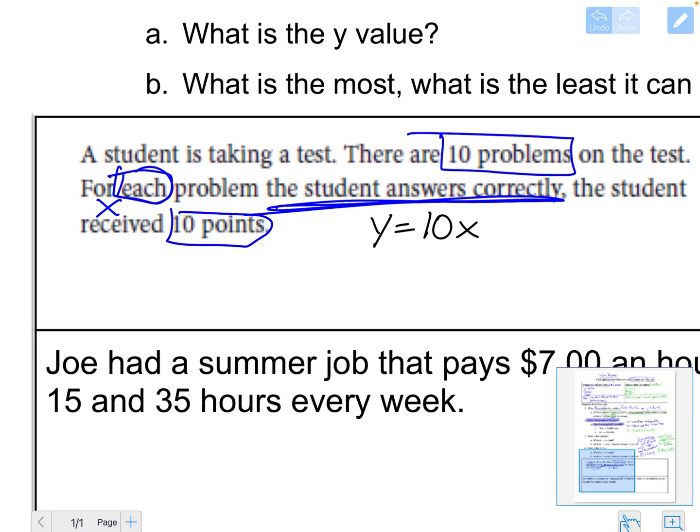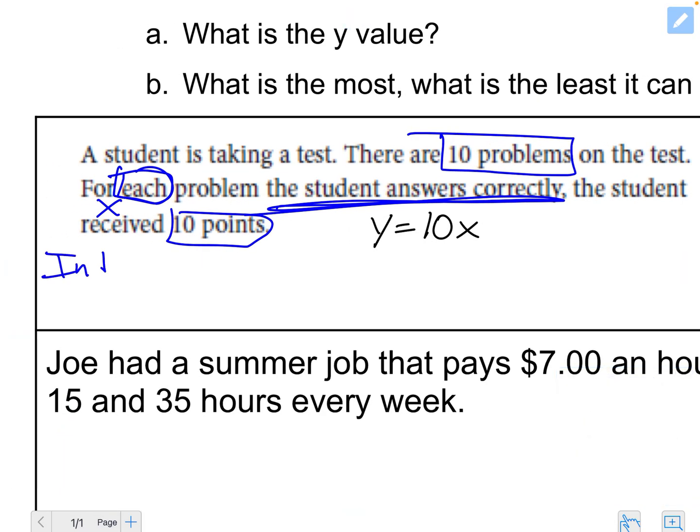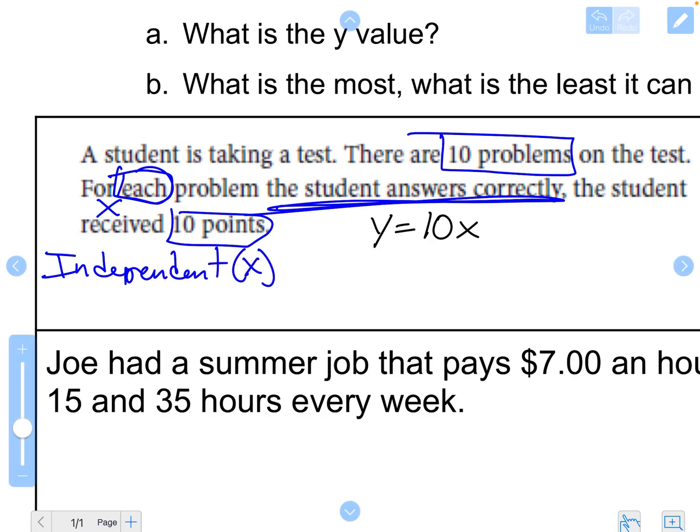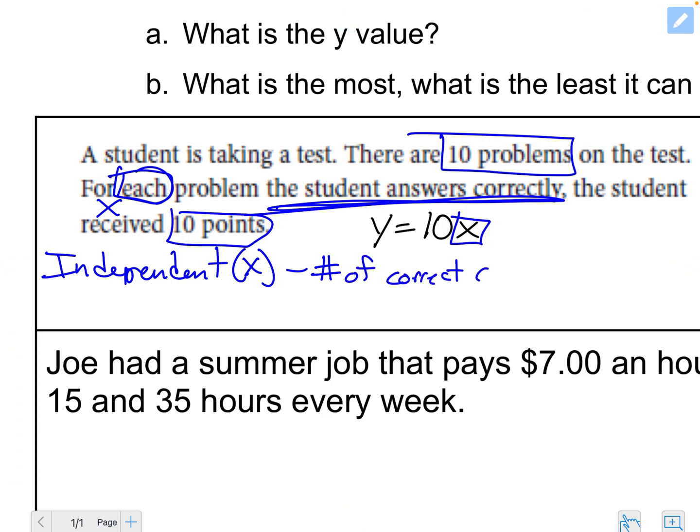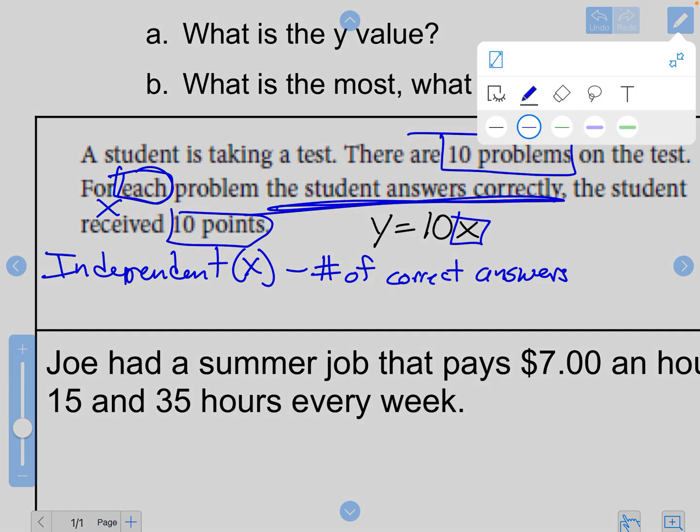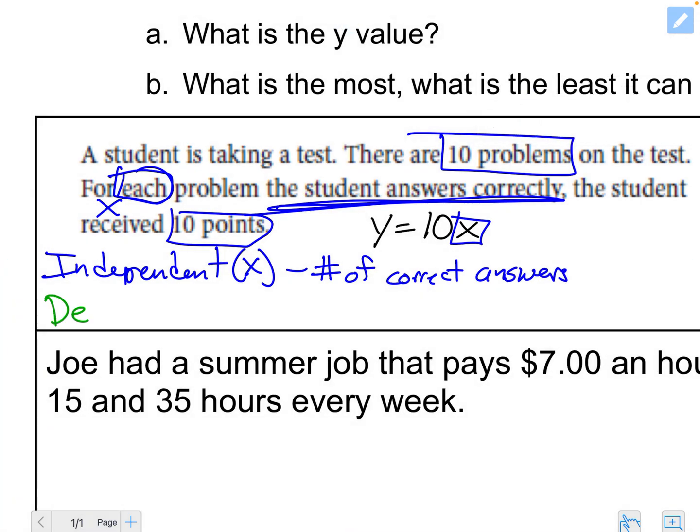So now we need to look at our independent variables. So we said earlier in the notes that our independent variable is our x. So if I'm looking at my x, if I'm looking at my per, each, or every, my each represents the number of correct answers. And now we need to look at our dependent variable.